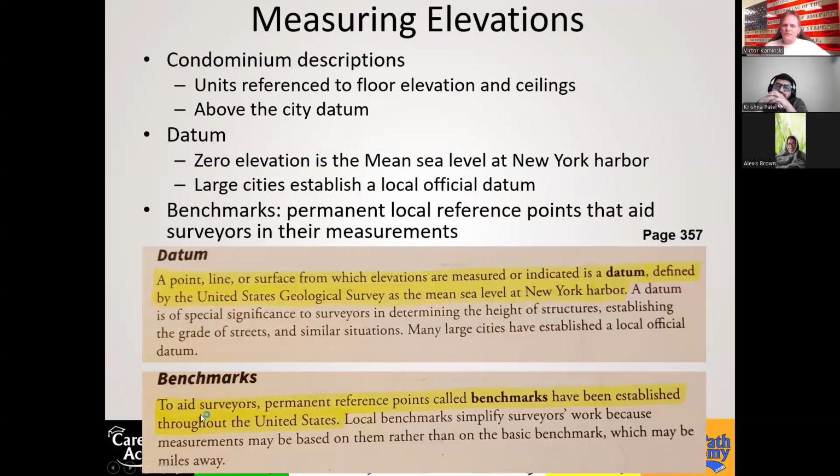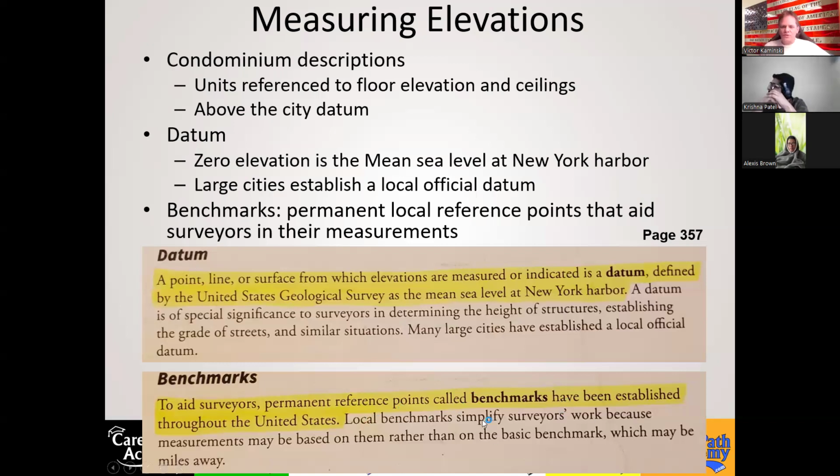And benchmarks are those markers, those permanent reference points that aid surveyors in their measurements, which are established throughout the United States. You can find them in the woods. They're all over the place.